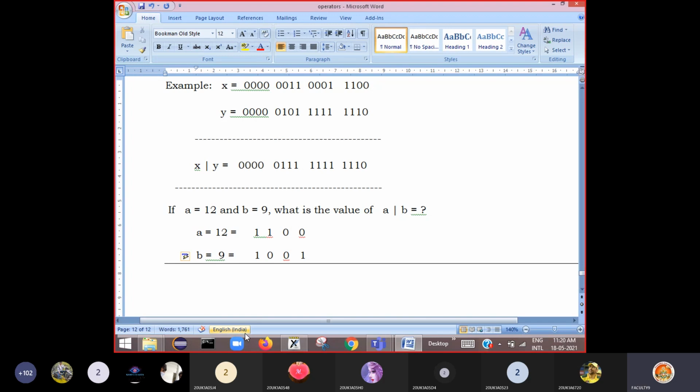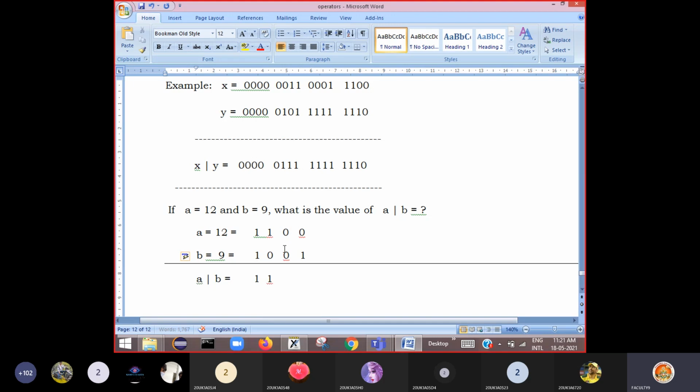If I say A bitwise OR B is equal to, now just see what result we will get here. 1 or 1 is 1, 1 or 0 is 1 we will get here.